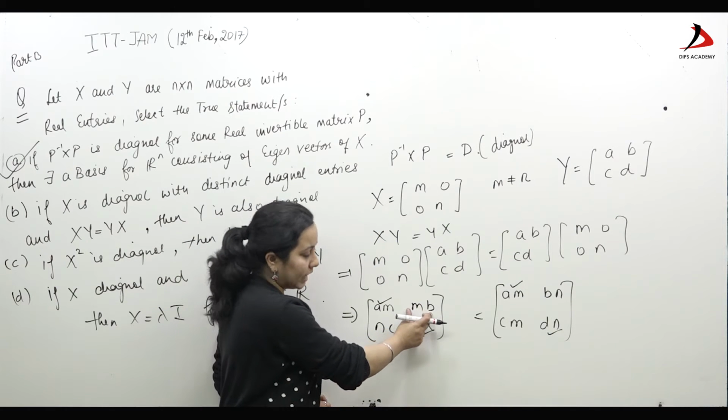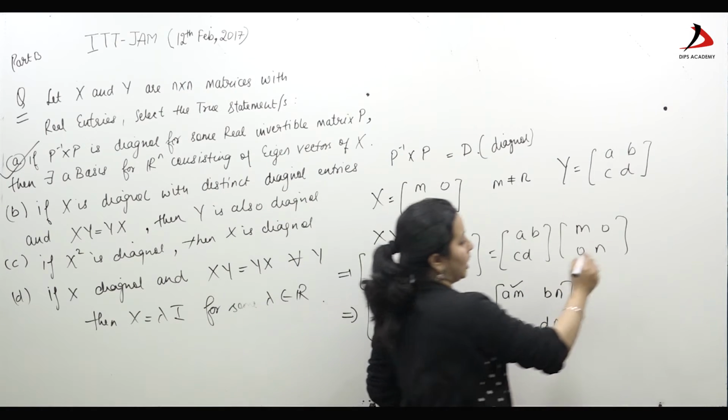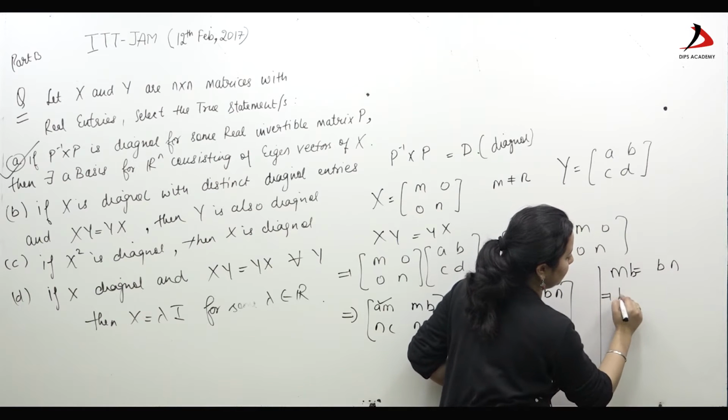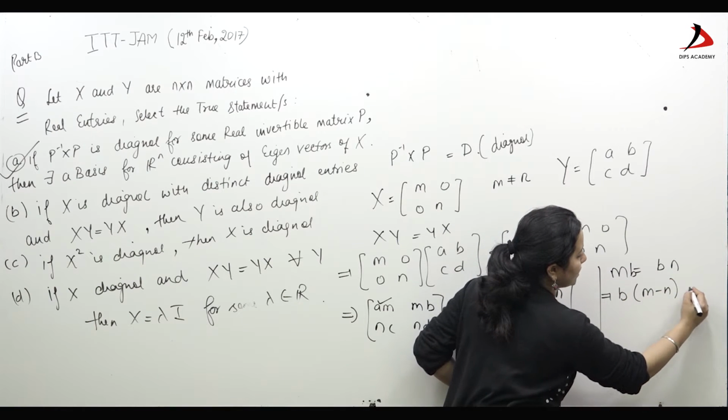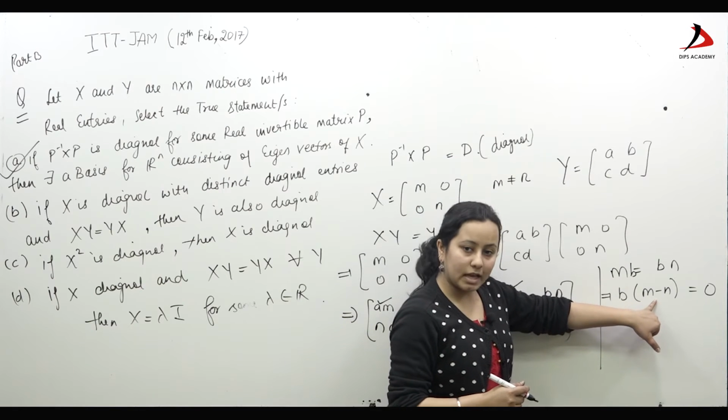When we compare the second entry, it is mb and bn. If mb is equal to bn, it simply means b into m minus n is 0. Hence either b is 0 or m minus n is 0.